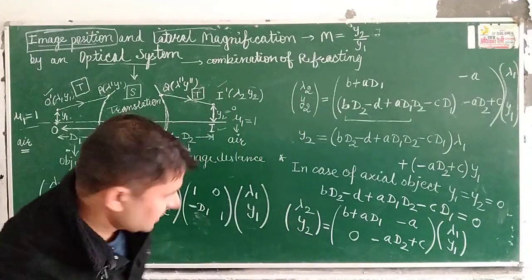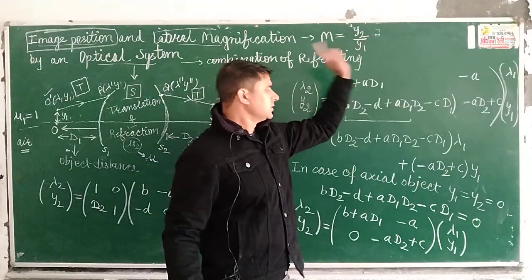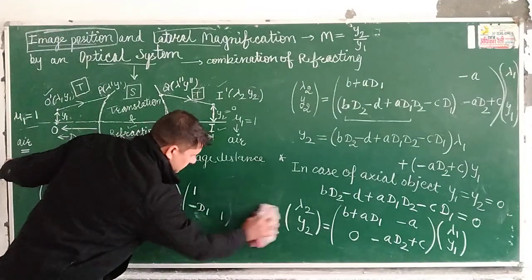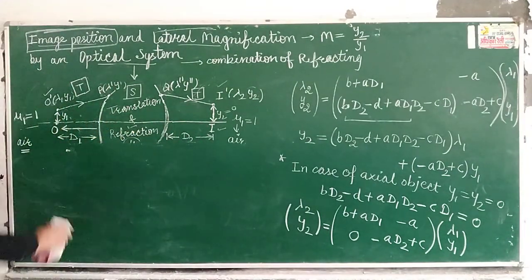Okay, now we are to find the lateral magnification, which is the ratio of y2 and y1. So let me clear the surface.